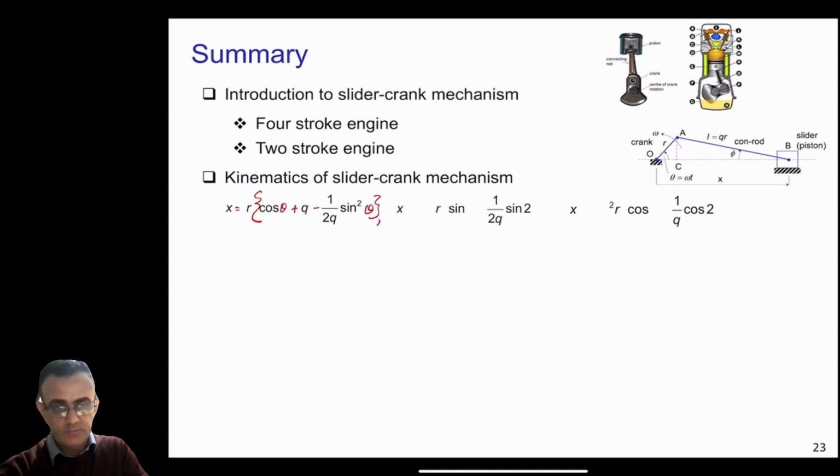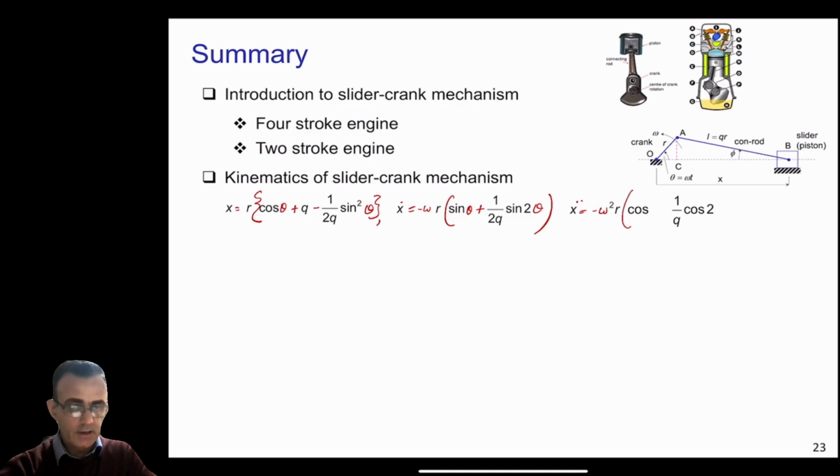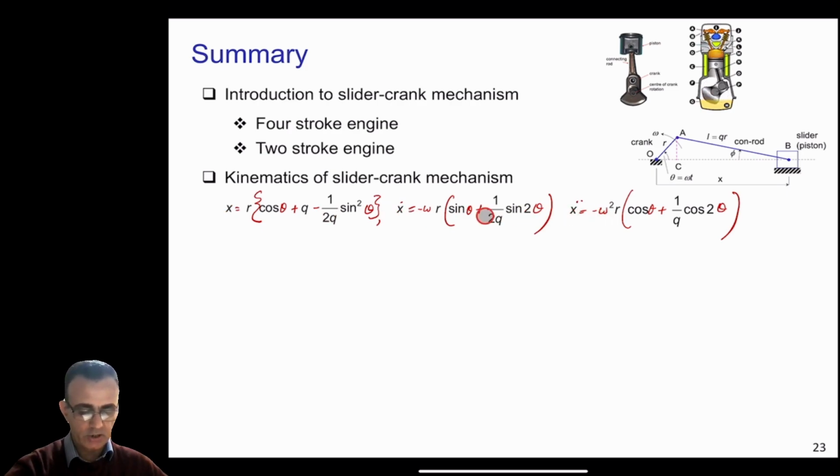So this is the first equation, and then x dot becomes equal to minus omega r and sine theta, and plus 1 over 2 q sine 2 theta here, and then x double dot is equal to minus omega square r and cos theta plus 1 over q cos 2 theta here. These are the equations for the x dot and x double dot of the piston.